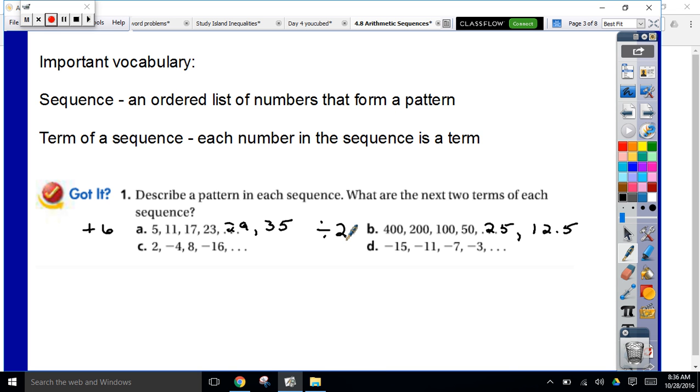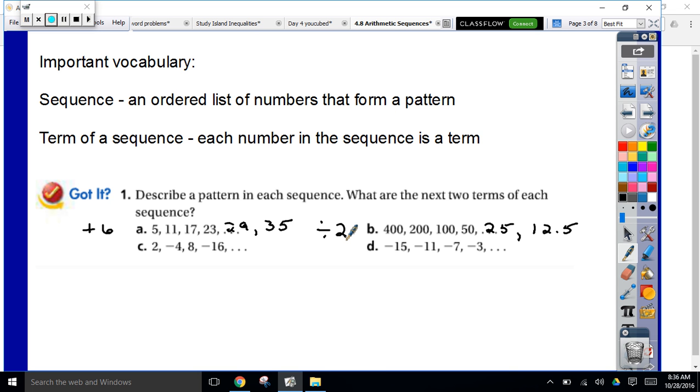Cat, letter C. Do you know what's going on there? I made it -2 and then I squared it by 2. Okay, so what was your next term here? I'm not really sure. Okay, any volunteers on this one?